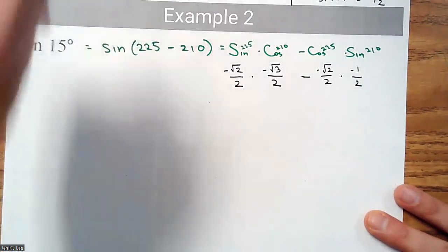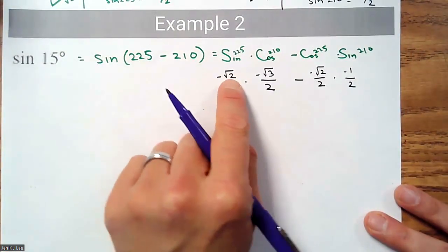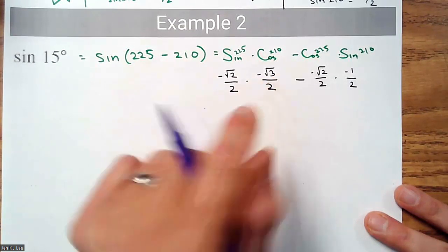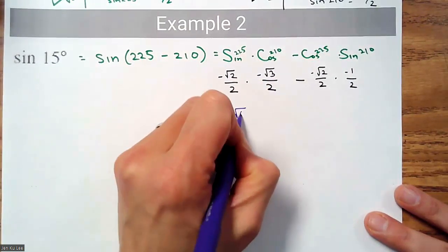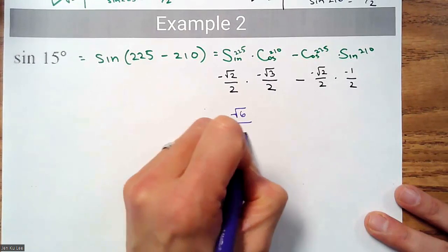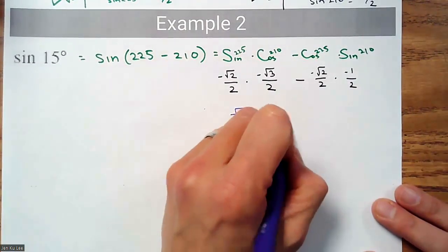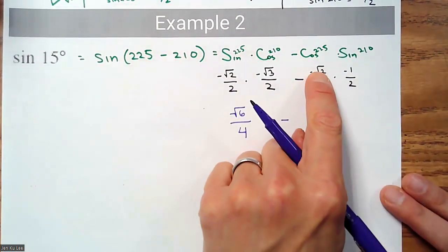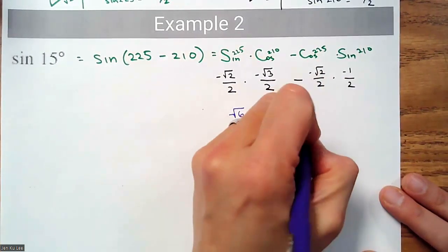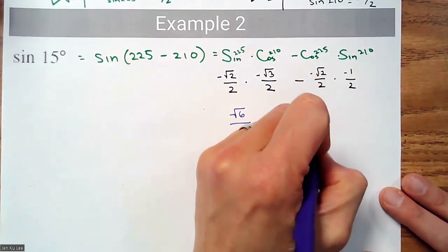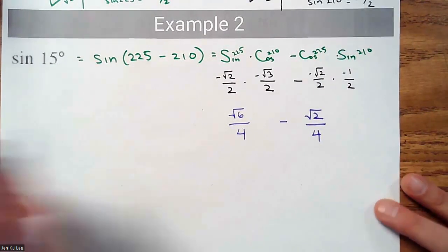So negative square root of 2 times negative square root of 3 is positive square root of 6 over 4, minus square root of 2 over 4.